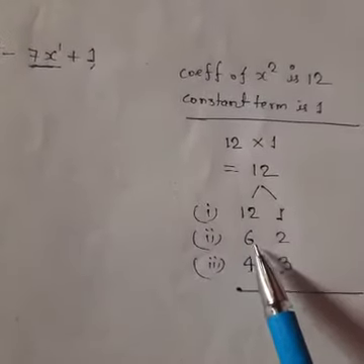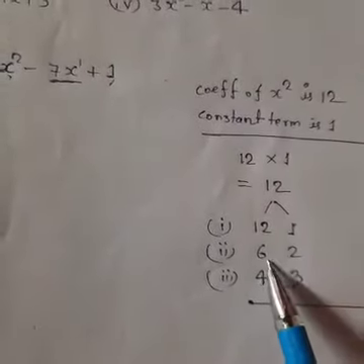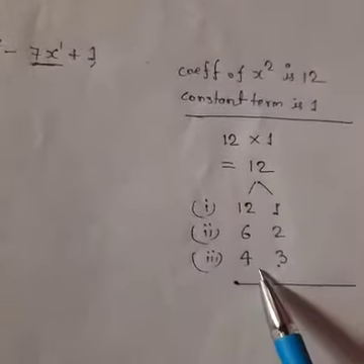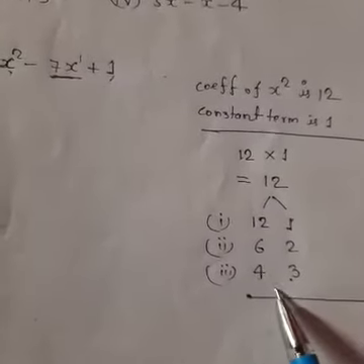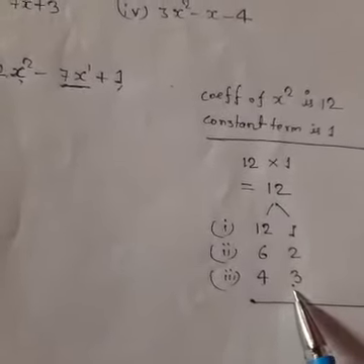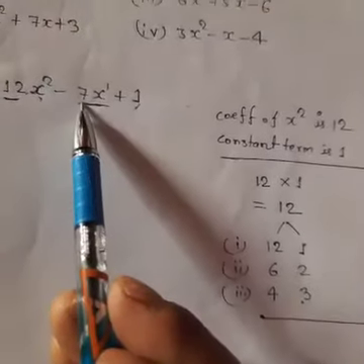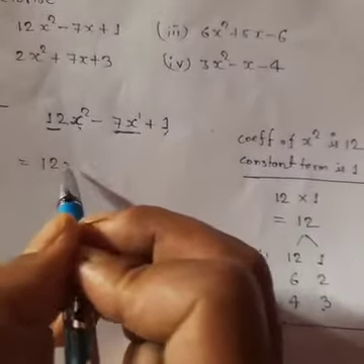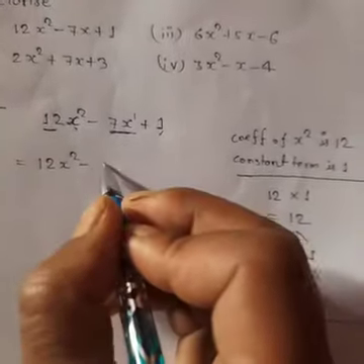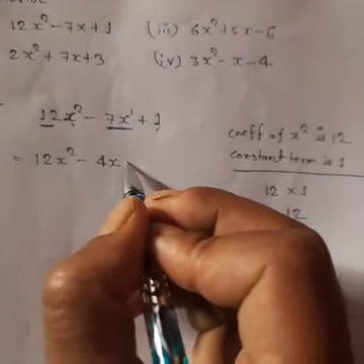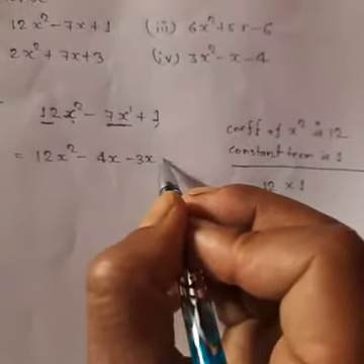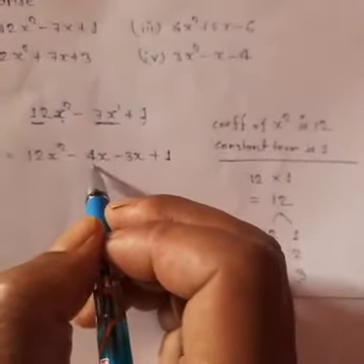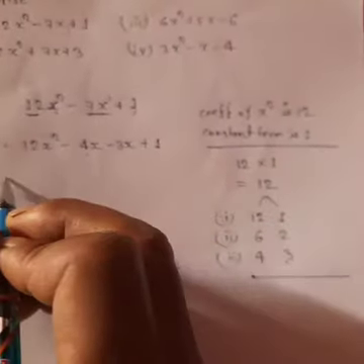From the second pair, 6 plus 2 is 8 and 6 minus 2 is 4, still not 7. From the third, 4 plus 3 becomes 7, and 4 minus 3 becomes 1. So 4 plus 3 makes the coefficient of x, but we need minus 7, so minus 4x and minus 3x. We are splitting the middle term: minus 7x can be written as minus 4x minus 3x.